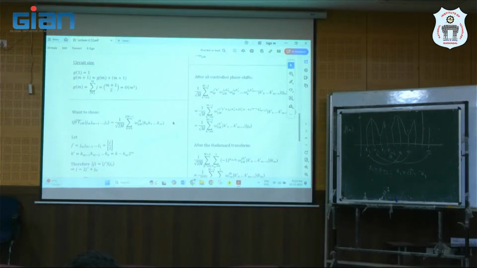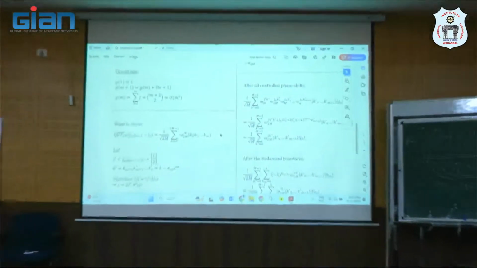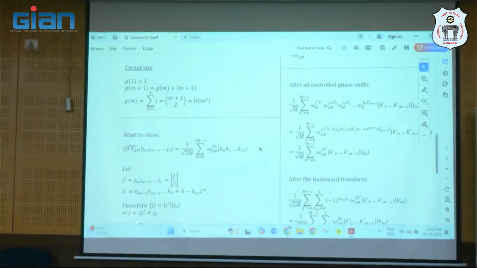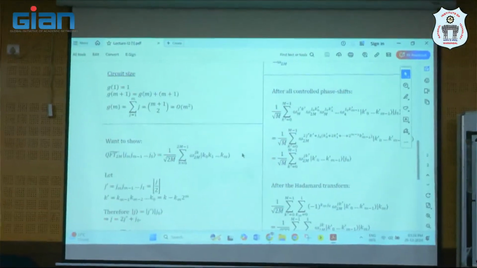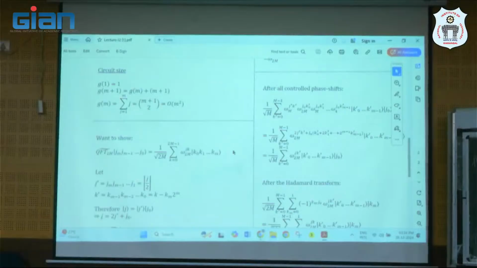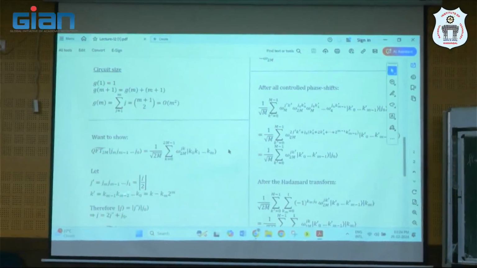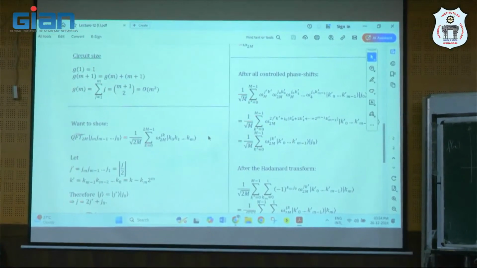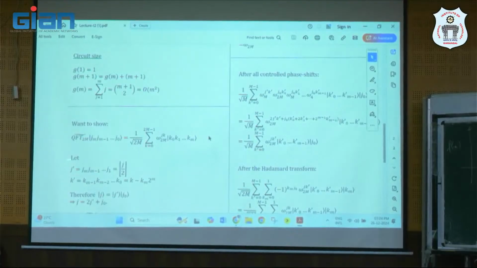So let's see a few things. Remember, in our circuit, in the top part, except for the last wire, the last wire is J0, right? For the top wires, we have J1 up to Jm. Let's call this J prime. You are getting rid of the least significant bit, so this is J over 2, essentially floored, depending on whether J0 is 0 or 1.